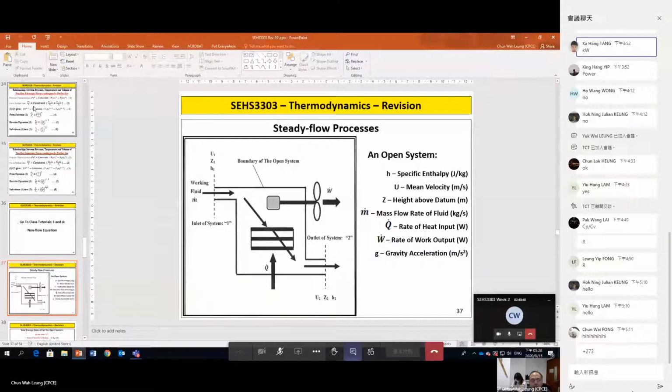So therefore, usually for a flow system, for convenience, we will simply add the internal energy of the fluid mass together with this displacement work, and we call it the enthalpy. So therefore, in a flow system, instead of considering the internal energy, we will consider the enthalpy. And in fact, enthalpy is just a little bit more than internal energy. It's U plus PV.